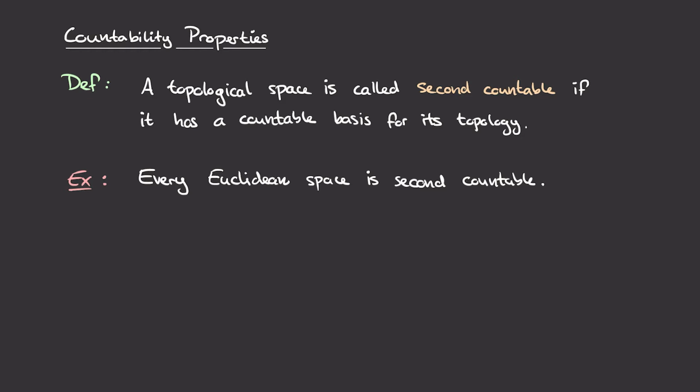Now, according to the definition, in order to show that Euclidean space is second countable, we have to come up with a basis for it which is countable. Remember from the last video that we saw a basis for Euclidean space, namely the set of all open balls at every point in the space.